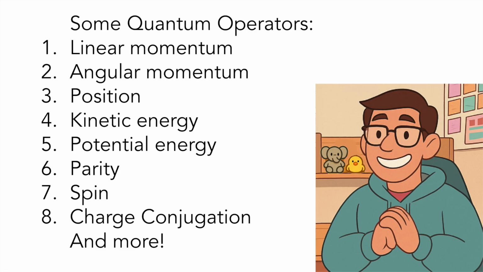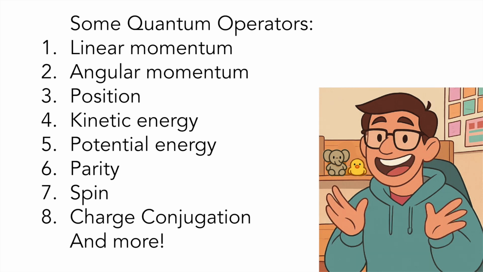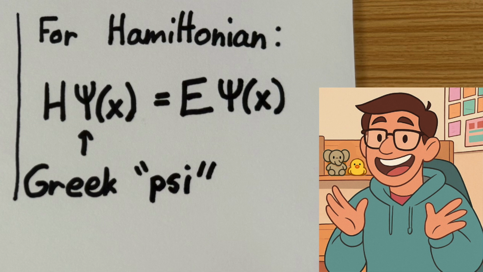In quantum mechanics, almost all of the operators that we deal with, like the linear momentum operator, the angular momentum operator, position operator, and more, almost all of these operators have eigenfunctions that are associated with them. And where there are eigenfunctions, so too are there eigenvalues. There are even eigenfunctions and eigenvalues associated with H, our Hamiltonian operator.